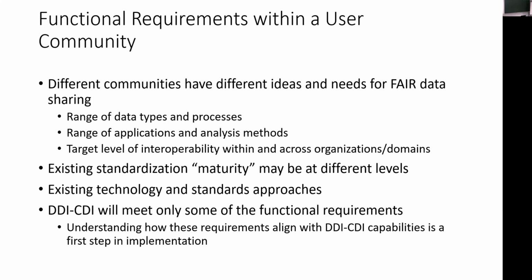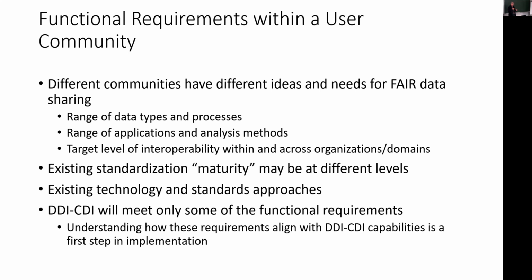Yeah. So anyway, we can look at different examples, but at the end of the day, we're looking at a lot of different types of data. We're looking at very often different applications producing and consuming the data, different analysis methods which have different requirements. The other thing you see is that some communities define FAIR as, oh, it's got a DOI, it's FAIR, right?